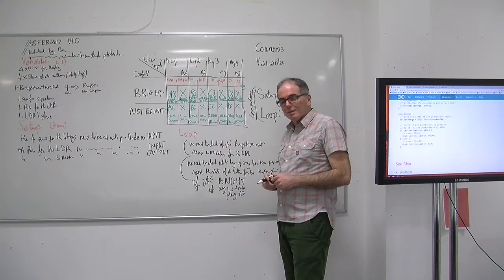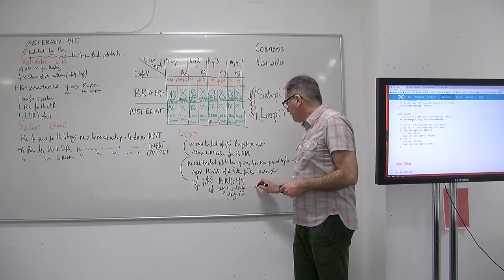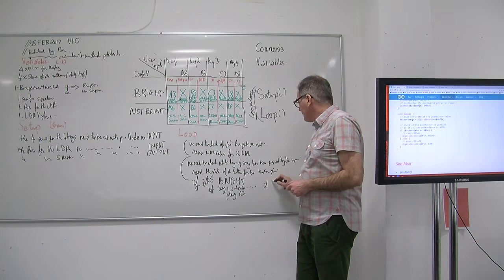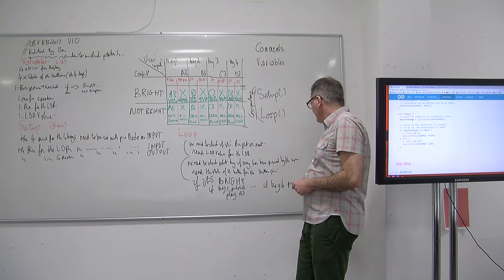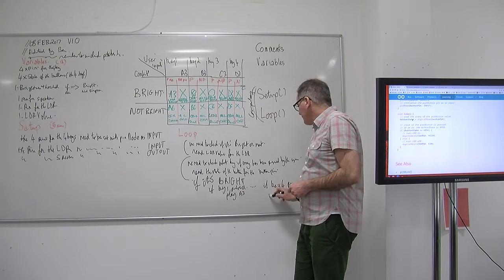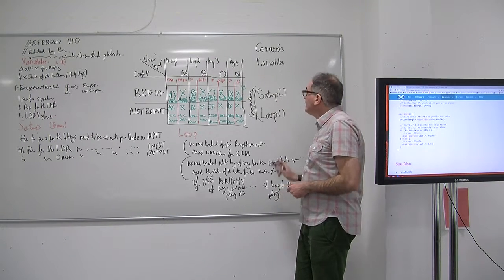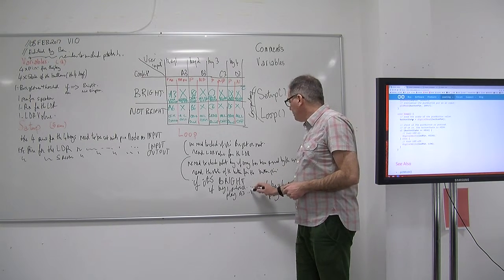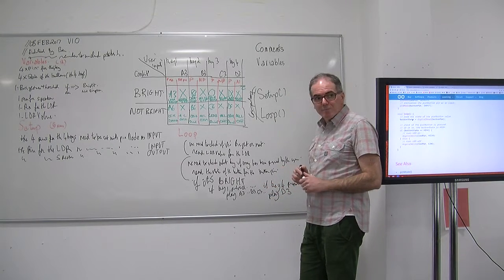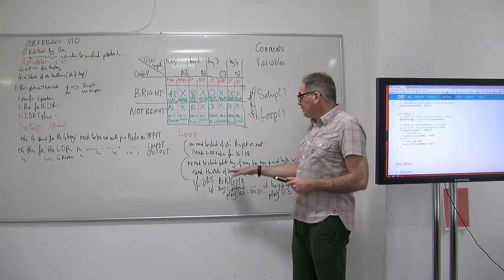And the same, you carry on until you have if key 4 pressed, play, in this case, D3. So A3, B3, C3, D3. Okay? So that's if it's bright.